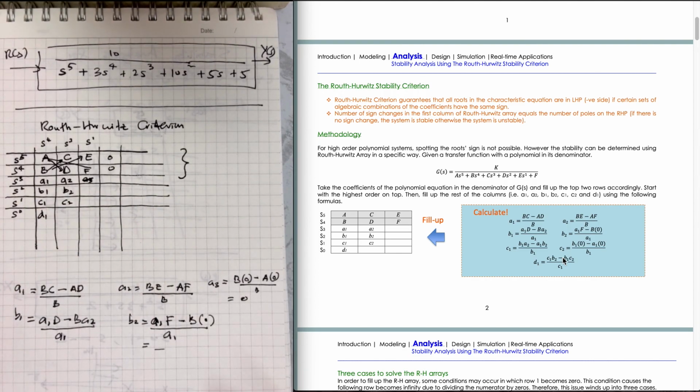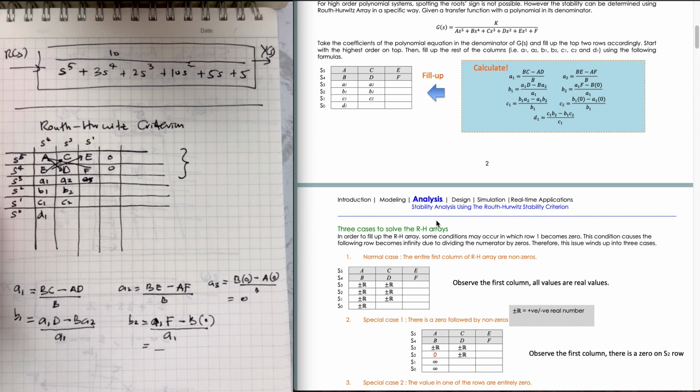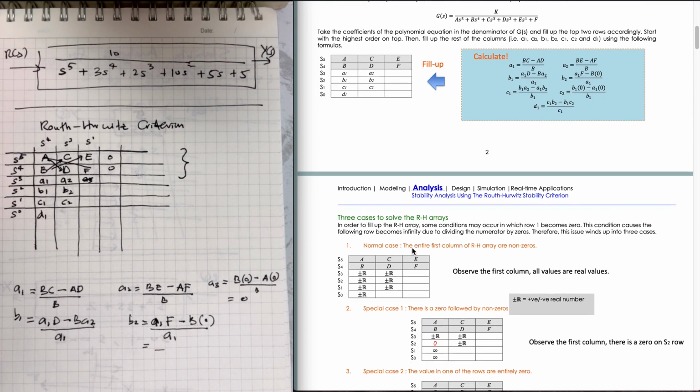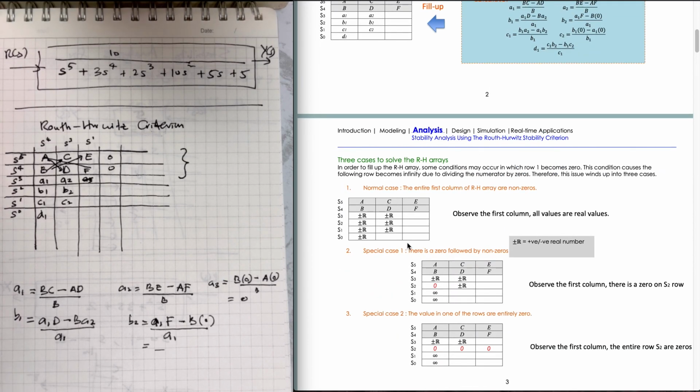Okay, so once we fill up that, we need to follow the criteria. When we fill up this, we will come across these three cases.